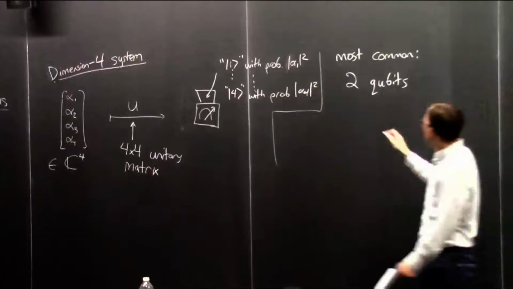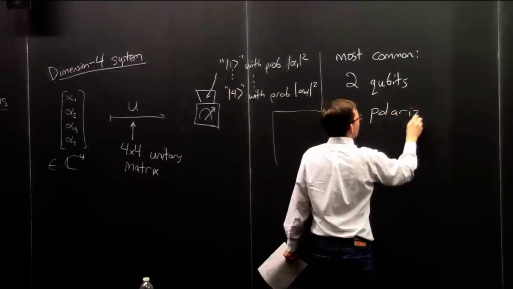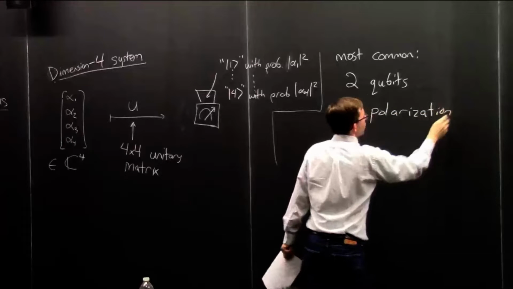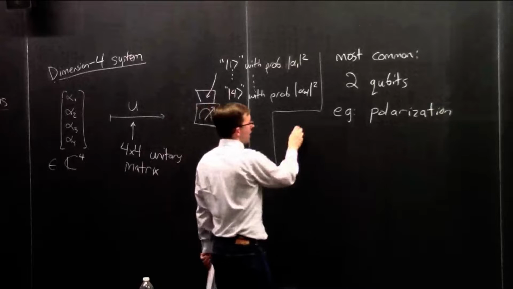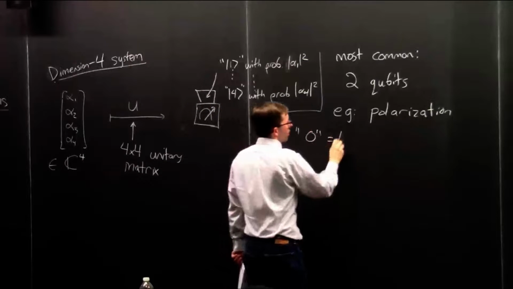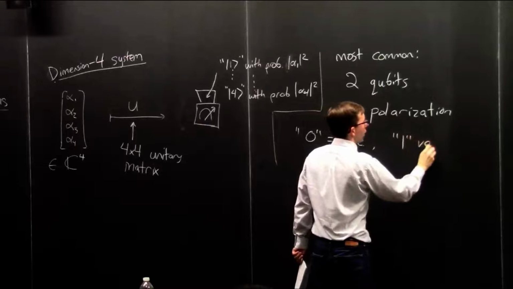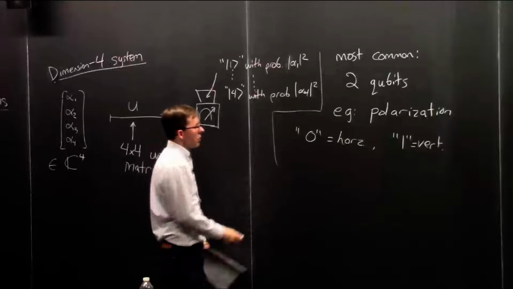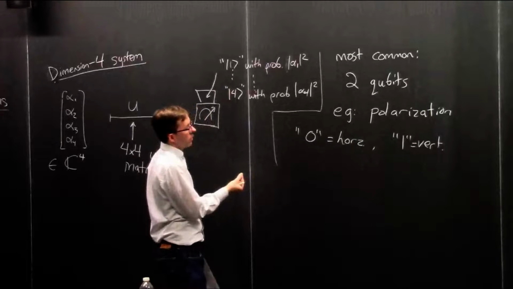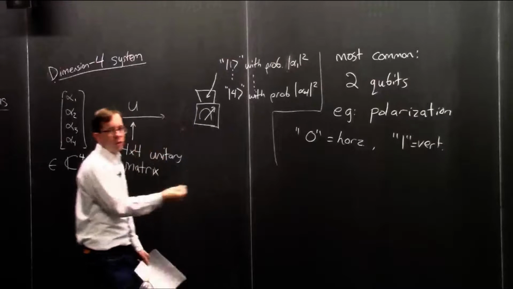In this example, if you view the 2 photons jointly, then they have 4 basic states. If we say 0 is horizontal polarization and 1 means vertical polarization, then the 2 particles can be horizontal-horizontal, horizontal-vertical, vertical-horizontal, or vertical-vertical.